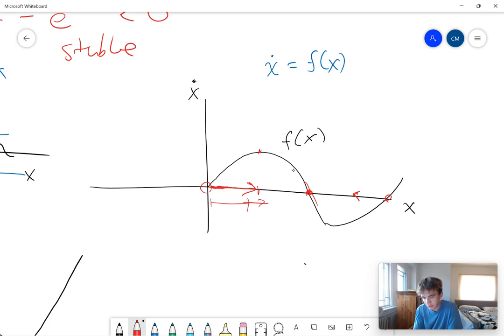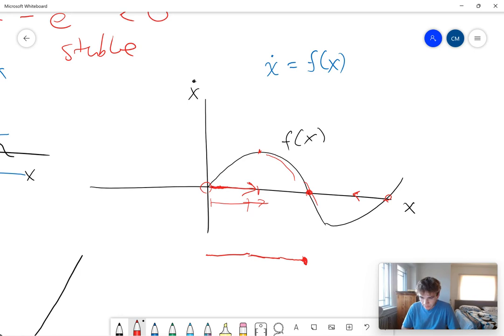So as you can see, once x dot starts decreasing in this region, the speed at which the particle is flowing across the x-axis is going to reduce and approach 0. And so you can see that it's almost like something where we start kind of slow, then we really rapidly go through this transition period, and then we decay very, very slowly towards the fixed point, okay? And it's going to take infinite time to actually reach that fixed point.